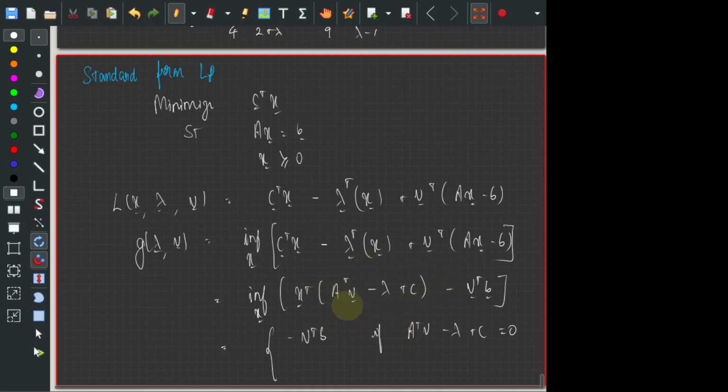If this is non-zero, then what can you say about the infimum over all possible x? It should be minus infinity, right? Because it's a linear function.